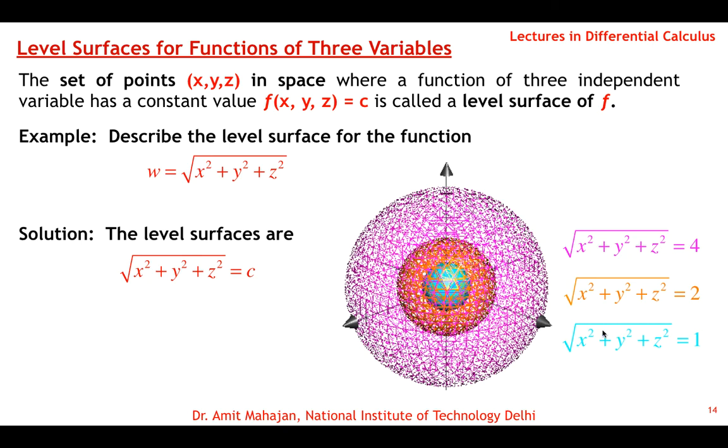But if I move from one surface to another surface, the value of the function will change. So moving from one surface to another the value changes, but moving on the same surface the value does not change, because they are level surfaces. That is one interpretation of this.